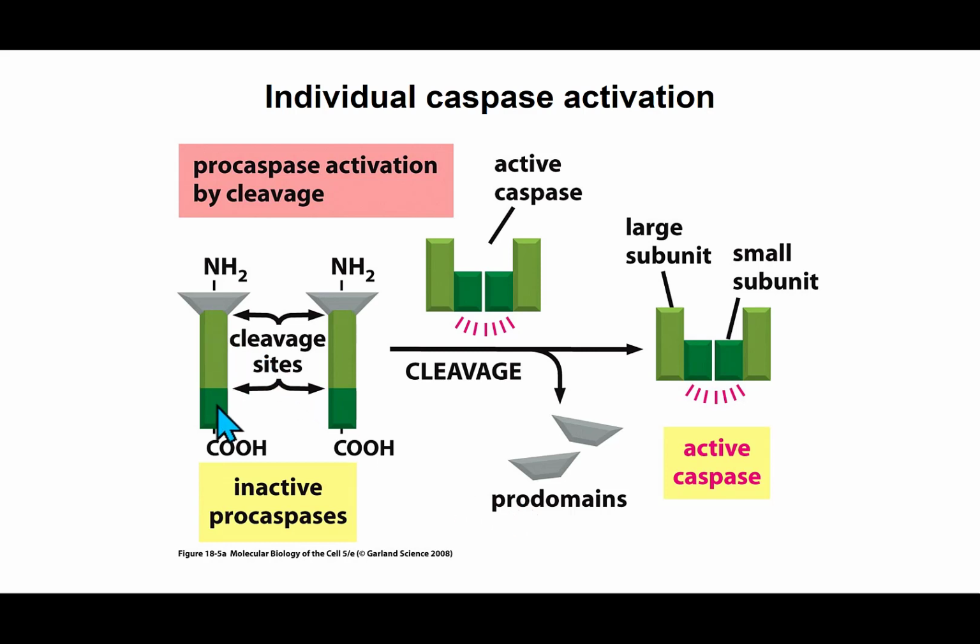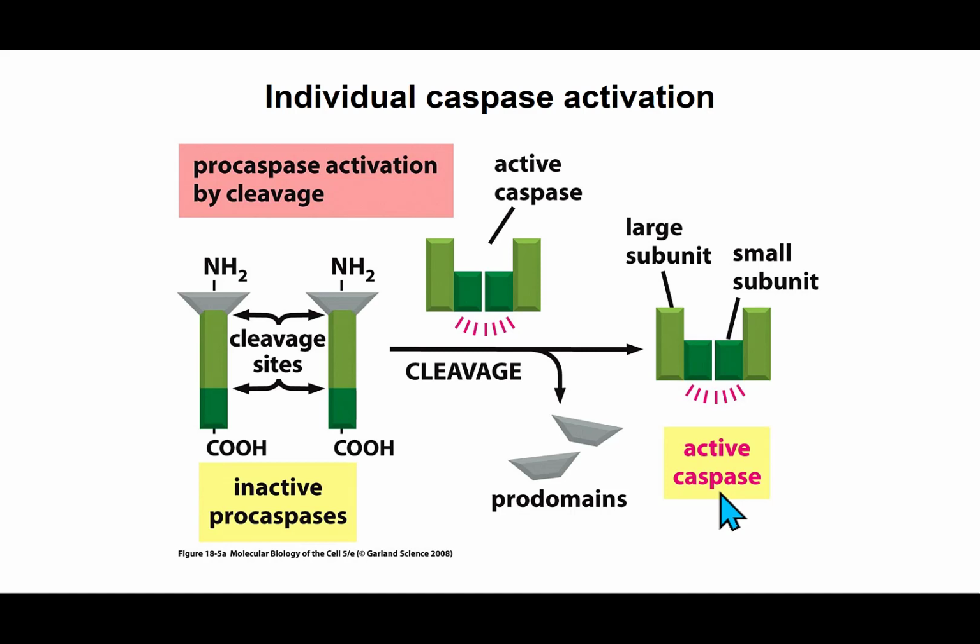then this smaller area. What happens is that if you have an active caspase, well, one active caspase will activate other caspases, and how it does that is it goes to an inactive procaspase and essentially cuts at these particular cleavage sites. What then happens is the prodomains get discarded, and you have a large subunit getting together with a small subunit, with another small subunit, with another large subunit, and together they make an active caspase.